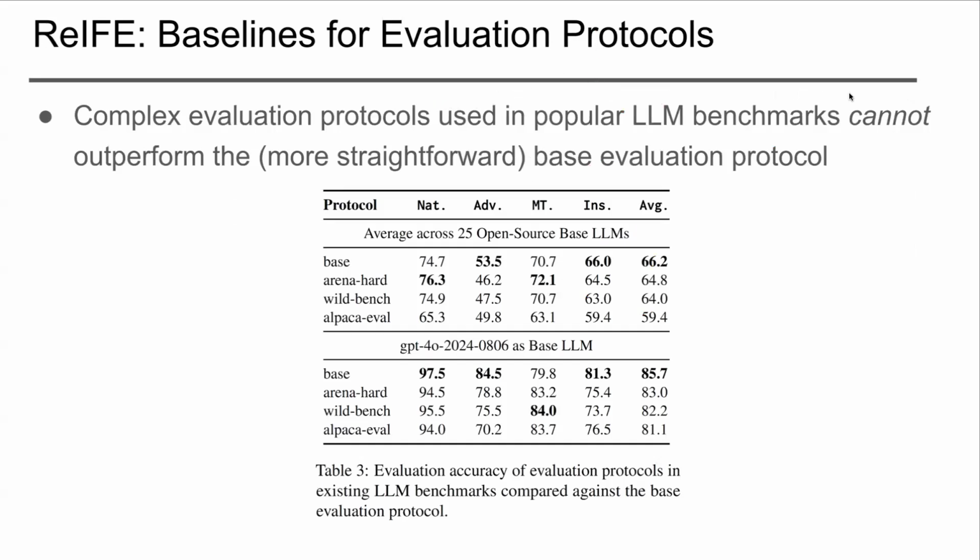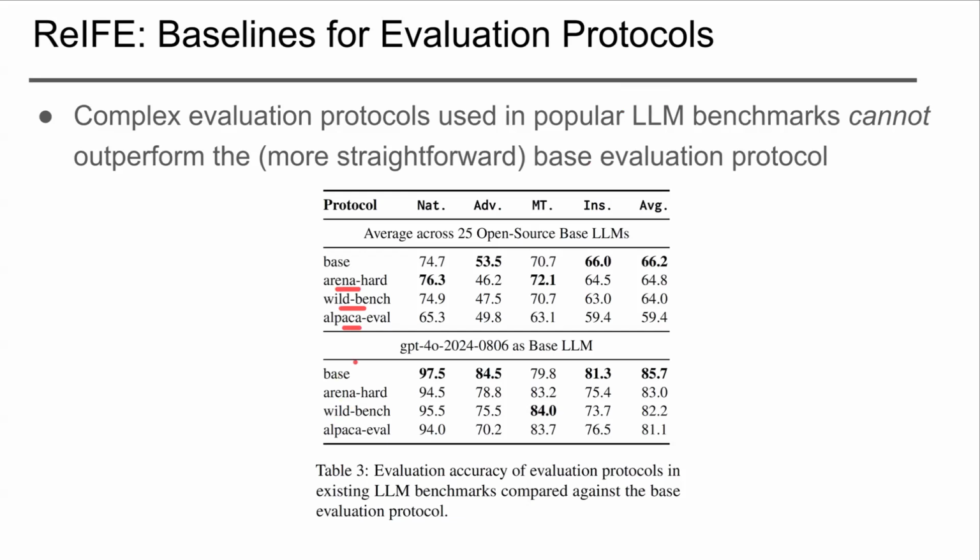The other thing was we looked into the evaluation protocols that people used in other benchmarks. For example, in Arena Hard, WildBench, or AlpacaEval, people use more complex prompts. For example, they use finer grain prompts, telling the model which output is better in terms of salience, which one is better in terms of coherence, and so on.